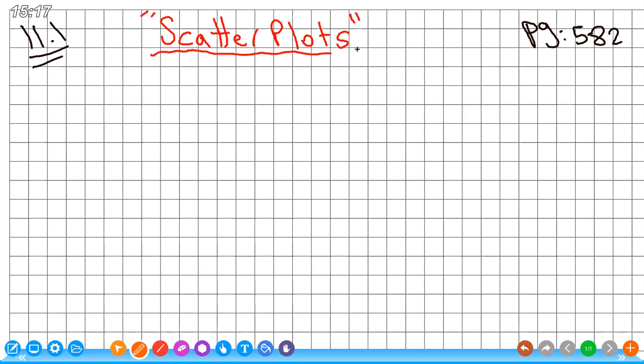This lesson is mainly divided into two parts. The first one is how to graph a scatter plot, and the second one is how to interpret a scatter plot, how to understand the meaning of the scatter plot. What does it mean? What does it imply? What kind of relationship do we have here? The first part is very easy, but we are just going to do an example to give you an idea about how we graph it.